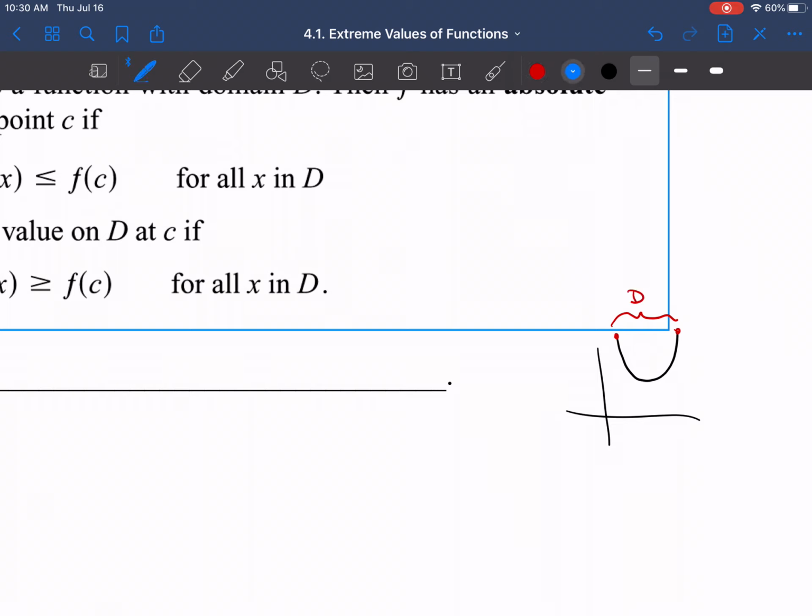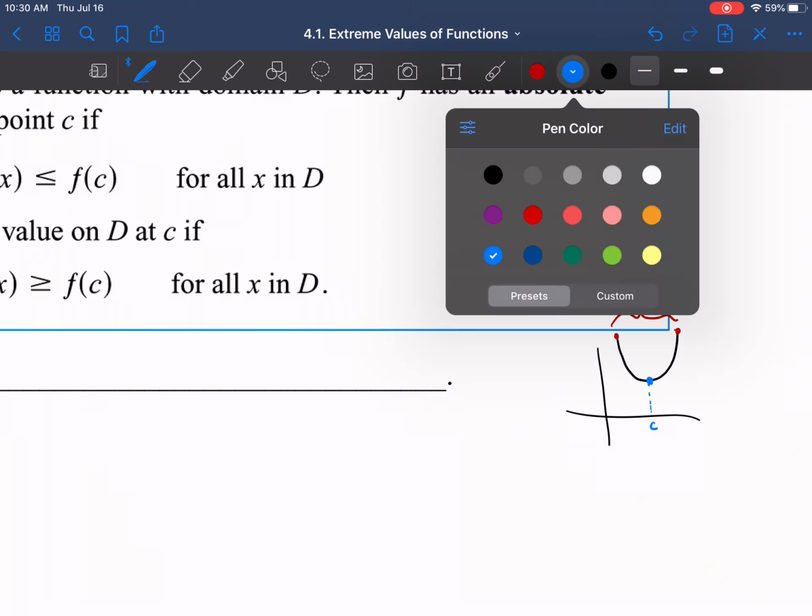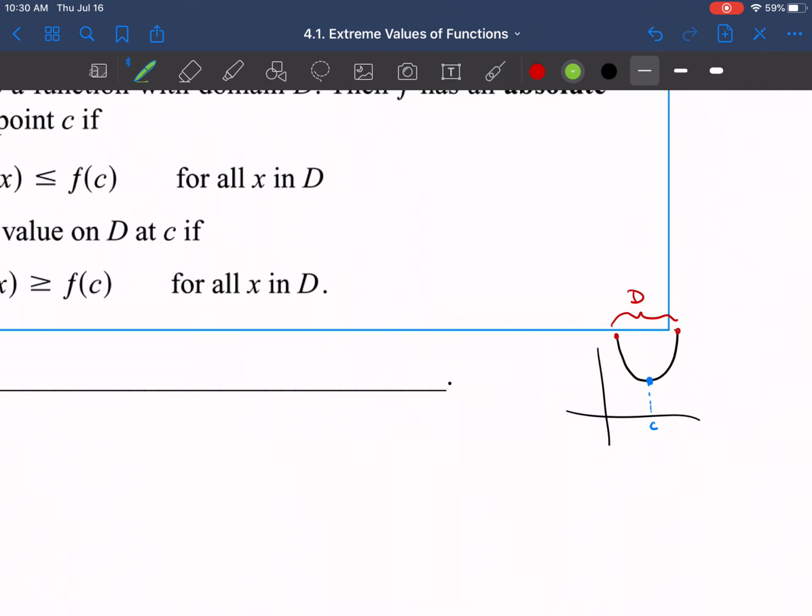If we look at this lowest point, we'll call this point c, and then if we pick any other x value, f of x will be greater than our f of c, which makes the point at c a minimum for us. It doesn't matter which x we pick, it's always going to be greater than at that point.